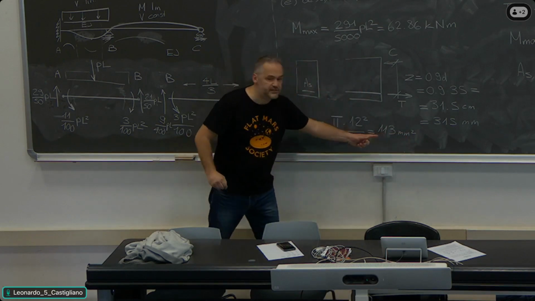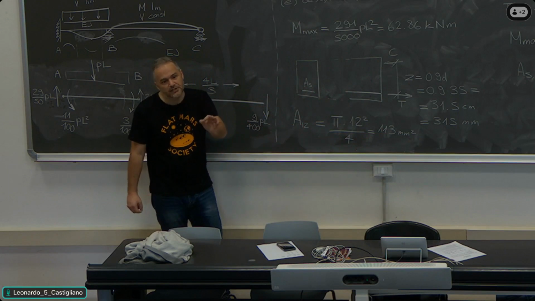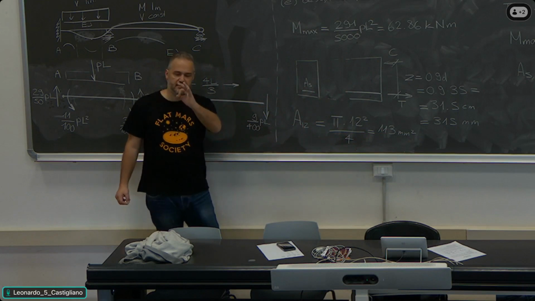One single 12 millimeter diameter rebar is 113 square millimeters, which means roughly 1 square centimeter. Makes sense.